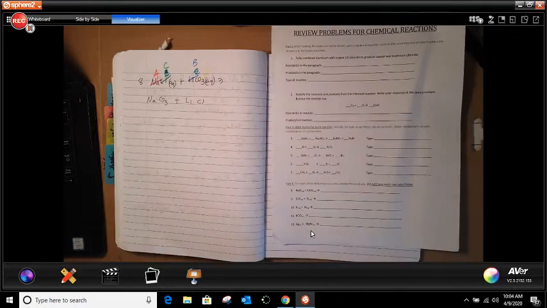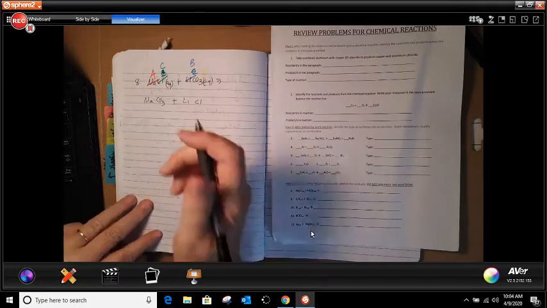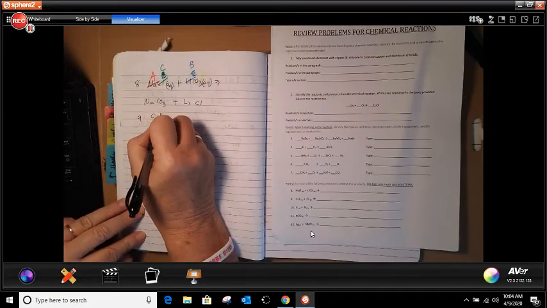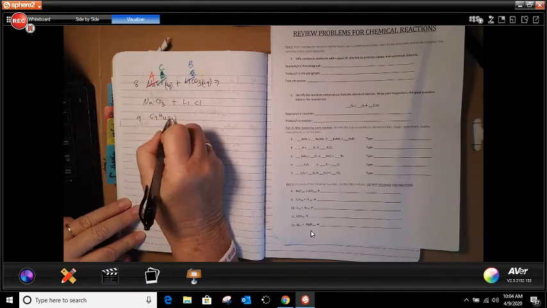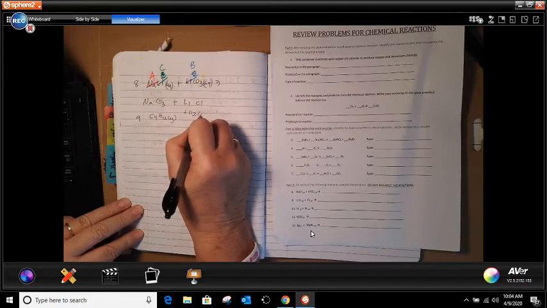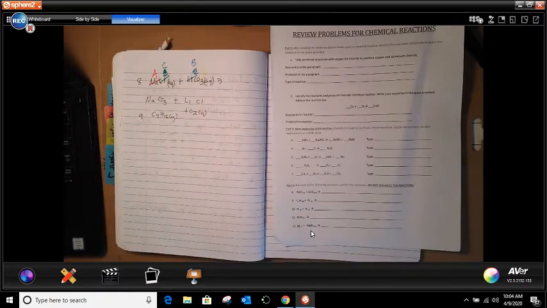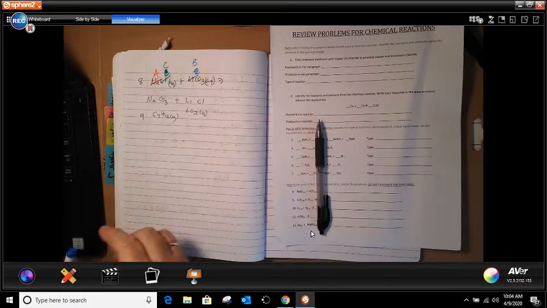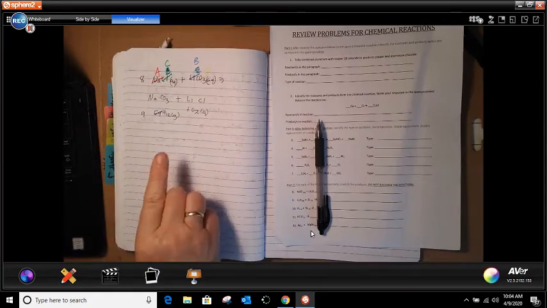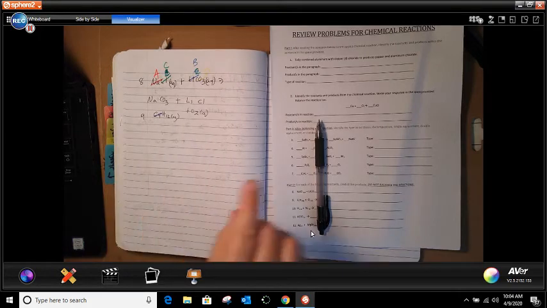So let's look at number 9. Number 9 says C4H12, and it says it's a gas, plus O2, and it says it's a gas. Okay, so we have our A, and this is single displacement, right?